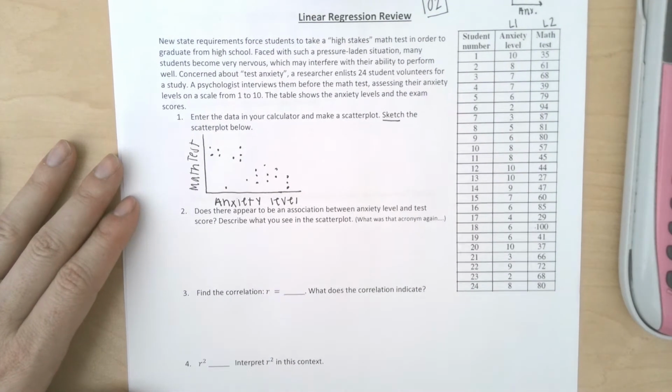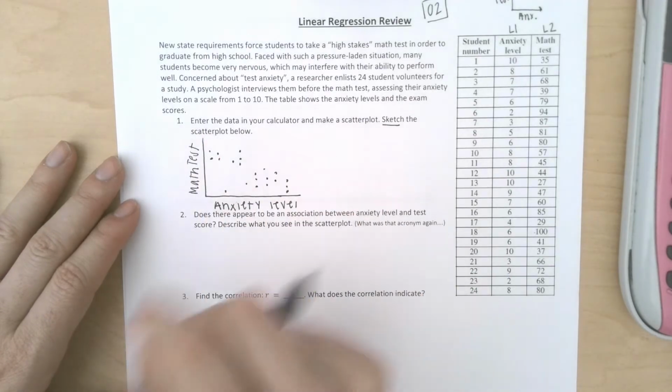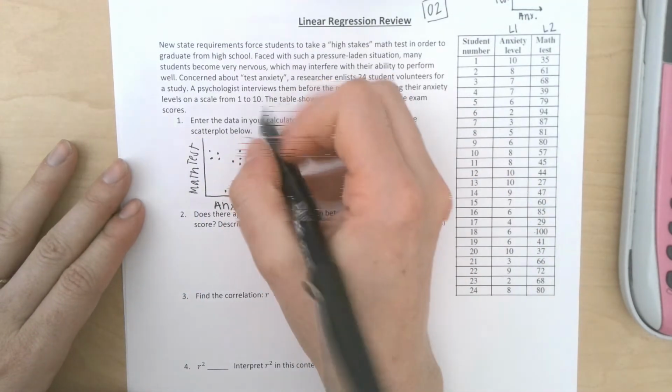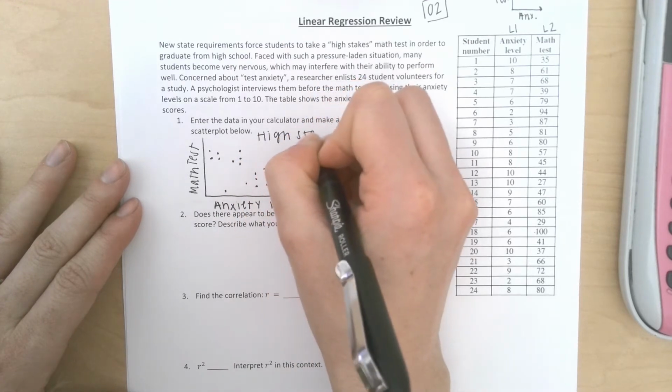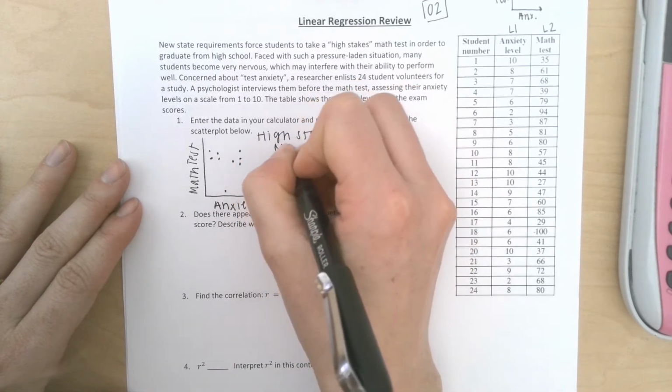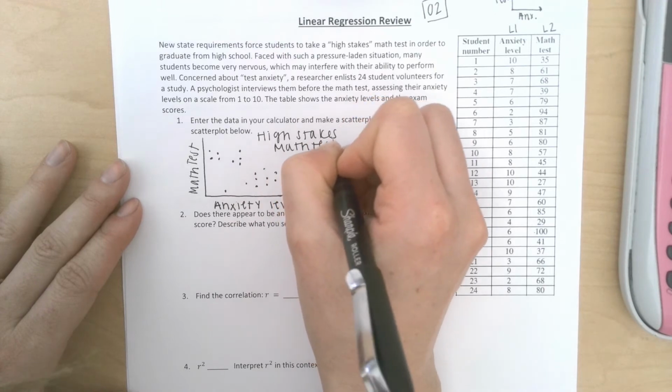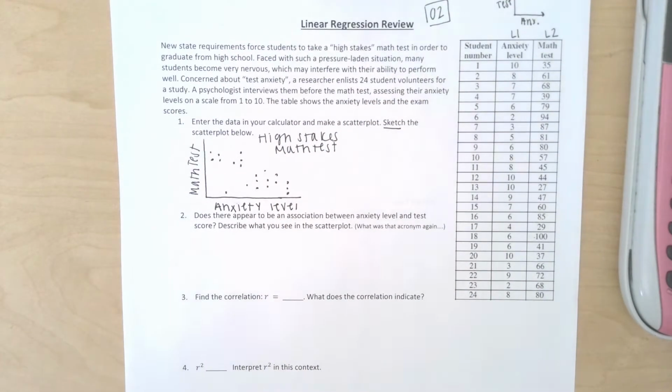We should also have a title here, so I'm just going to say high stakes math test. You could say math test and anxiety level, it doesn't really matter as long as you have some kind of title explaining what data we're looking at.